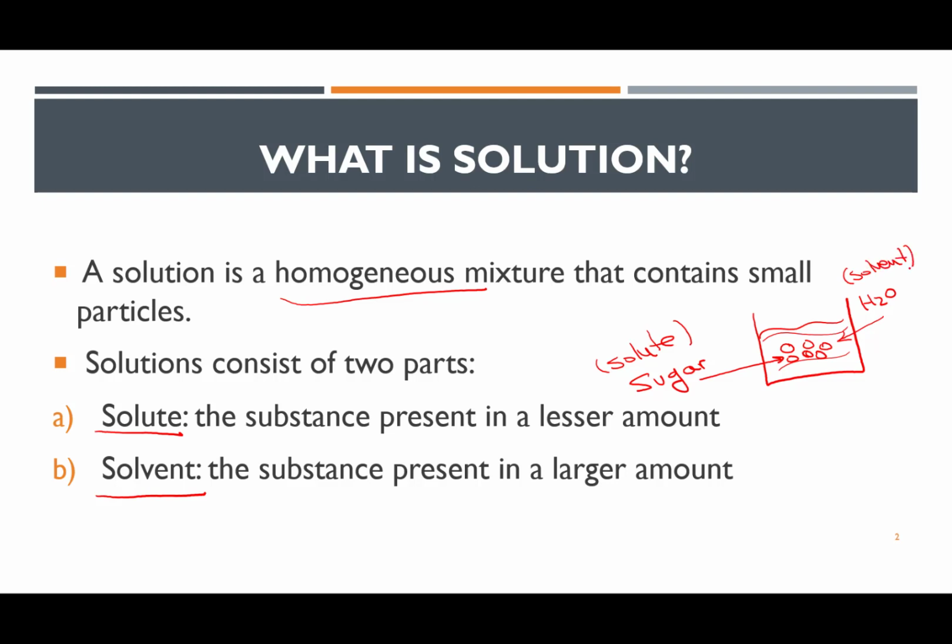This is a homogeneous solution. Once sugar is completely dissolved in water, it makes a homogeneous mixture. That means the texture is uniform. Everything is in one phase.